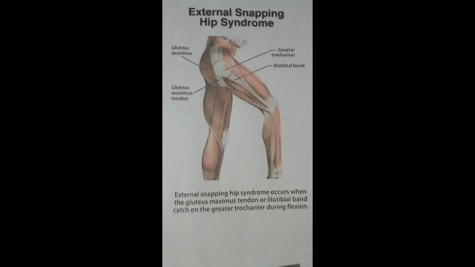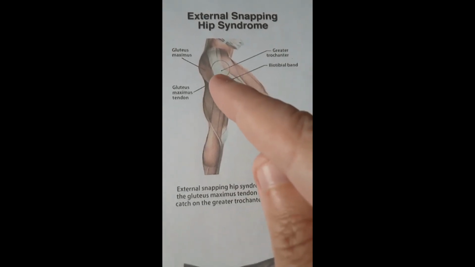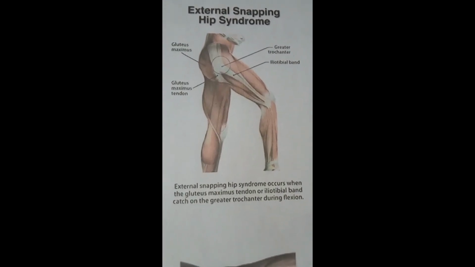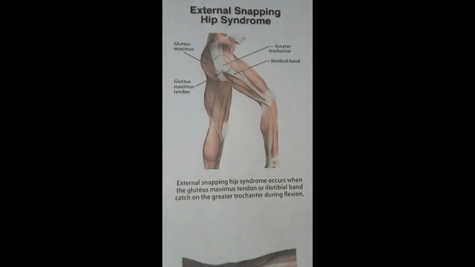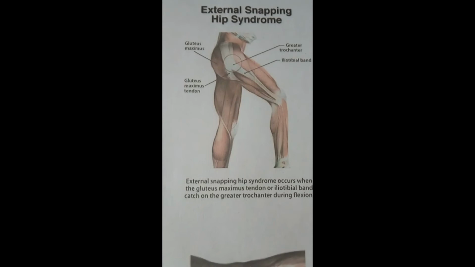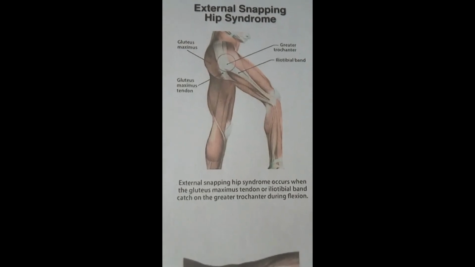But external snapping hip syndrome involves the gluteus maximus tendon and also that IT band, which is that sheet of thick fascia that runs down the outer thigh. And I will also be doing a video on the glutes. I have already done one on the IT band, an injury there. So do take a look at that one also.